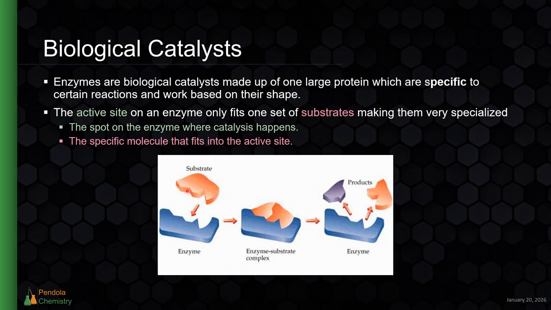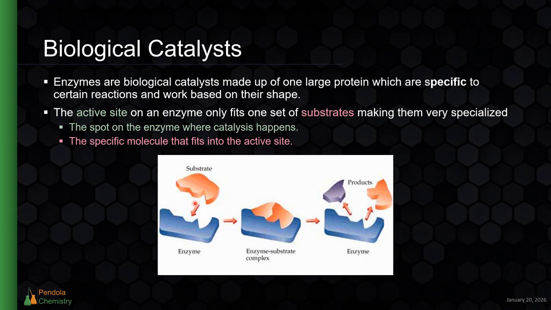So the substrate, which are the chemicals that are the reactants for the specific reaction that the enzyme catalyzes, are going to fit perfectly into that active site. So again, active site is the spot on the enzyme where the catalysis happens. The substrates are the specific molecules that fit into that active site. And then once those fit together, the enzyme is able to catalyze the reaction, make it happen a lot faster, and then the products can escape the enzyme.